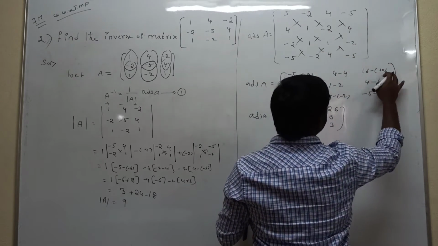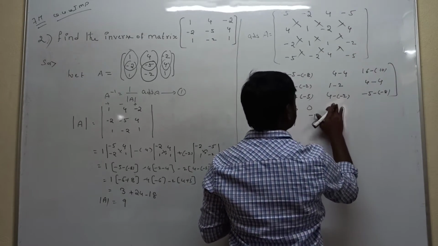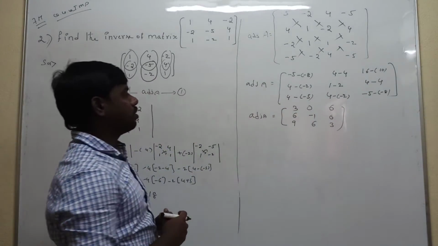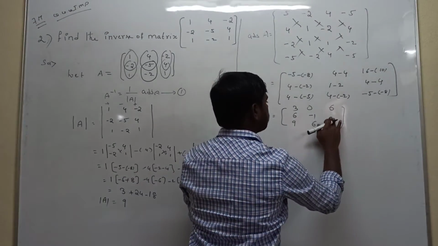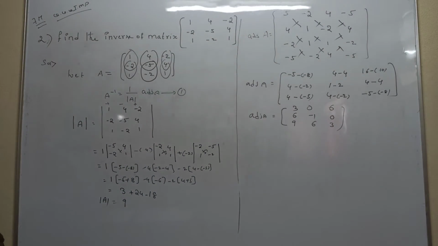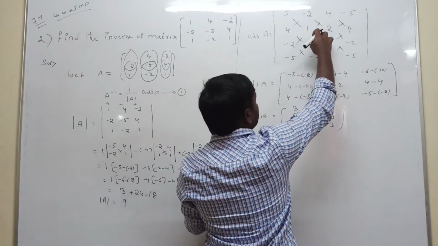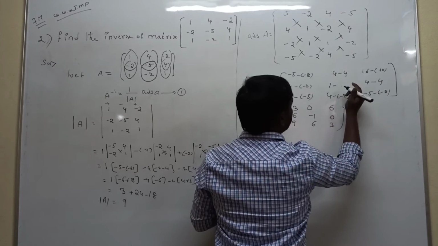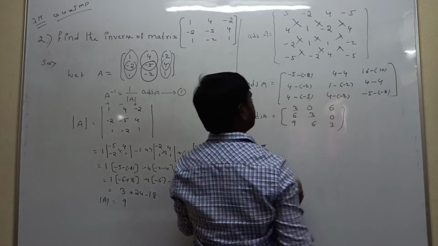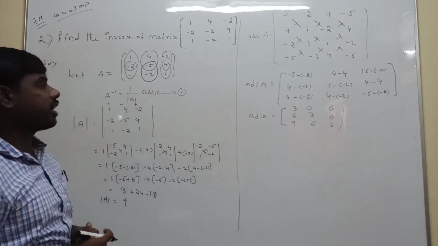So 16 minus 10 value is 6. So finally we got the values. The adjoint of A is 3 0 6, and so on. 306. So you want to rectify that one.